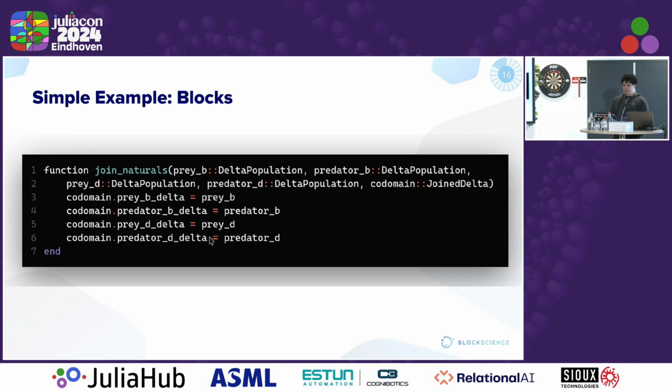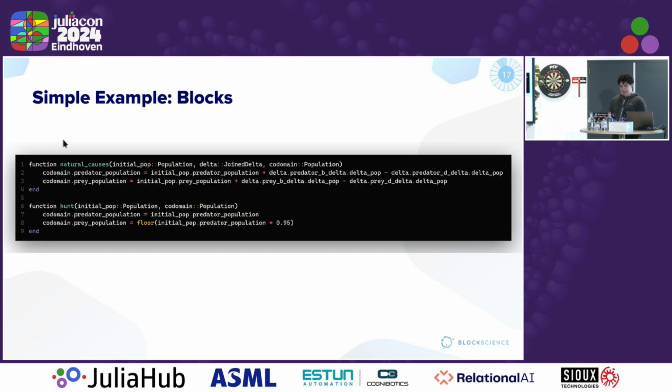So by joining them, I can just say that this block is digesting, is actually bringing together a lot of delta populations. You can see that the domain of this block is multiple, and its codomain is just one. It's this joined delta. And finally, I have the 2 blocks that actually do the simulation.